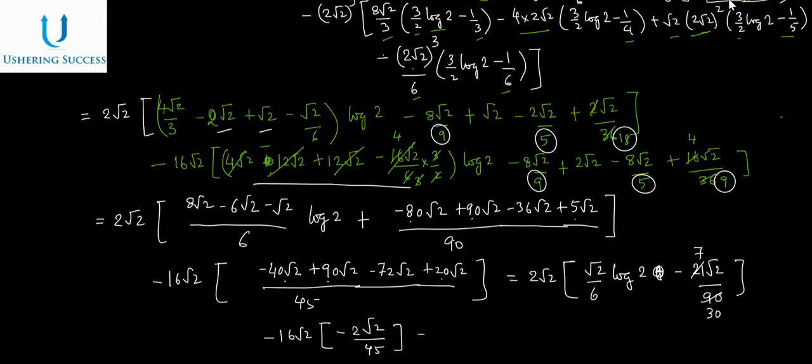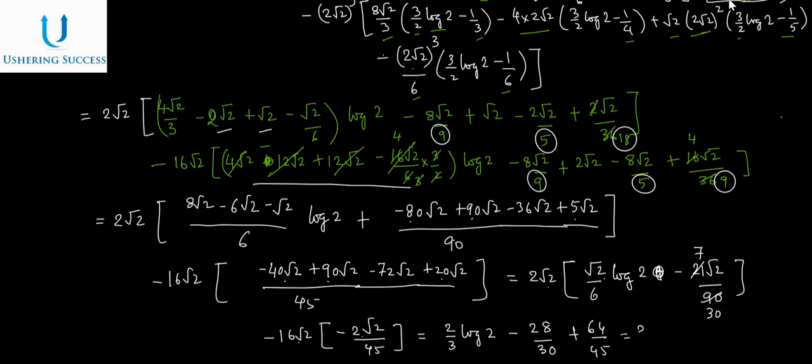So this becomes equal to 2 root 2 into root 2 is 2 into 2, 4 by 6 is 2 by 3 log 2 minus 7 root 2 into 2 root 2 is 14 into 2, 28, minus 28 over 30, and then I have plus 16 root 2 into 2 root 2 is 32 into 2 is 64 over 45.